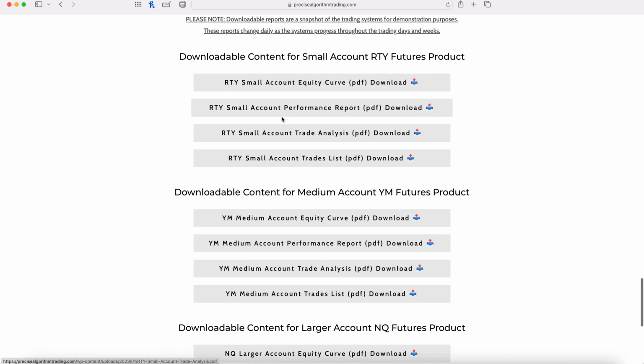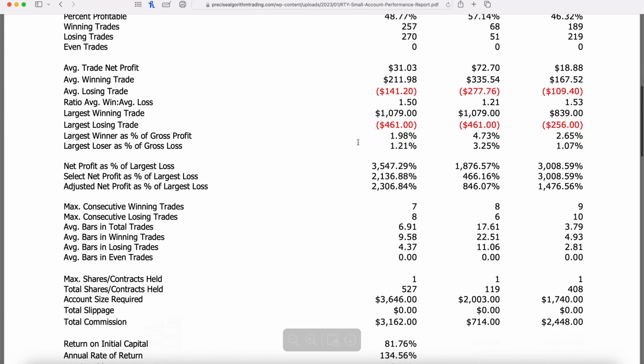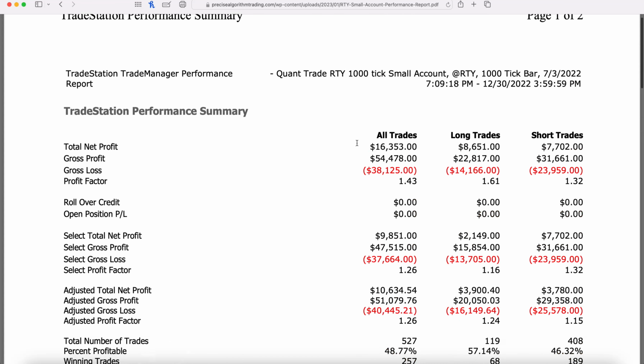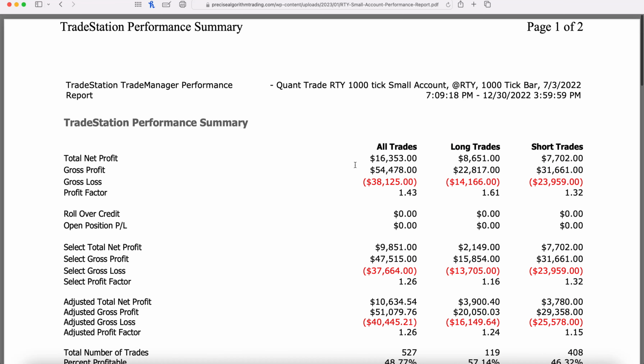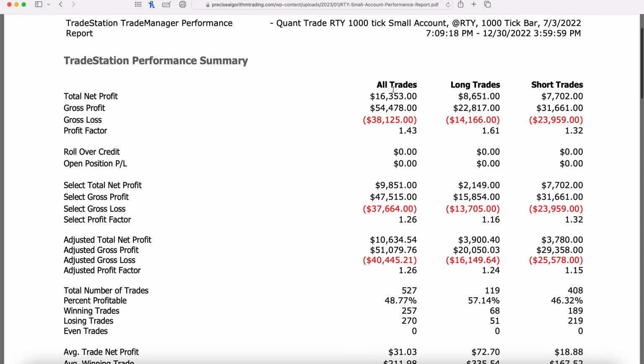So let's look at the Russell performance report for a small account. It gives the total gains. This happens to be 16,353, and again, that was from this period of time. These things change daily, and it gives a profit factor if you're into that.